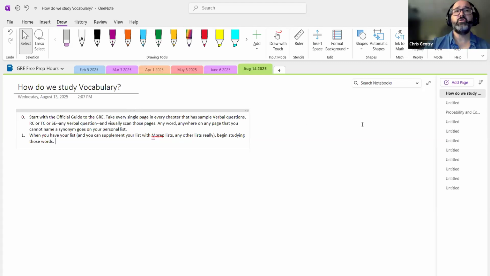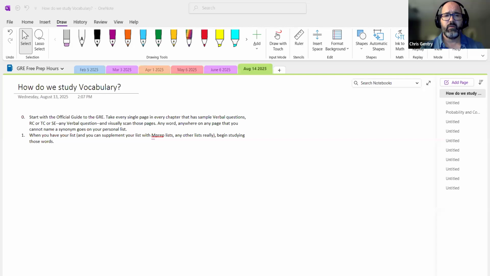Because you want to be shooting for a list of words which have been planned out enough where it's more likely to be on the test. The other thing to be aware of on your list here is, don't bother with jargon or field specific or professional field terms.